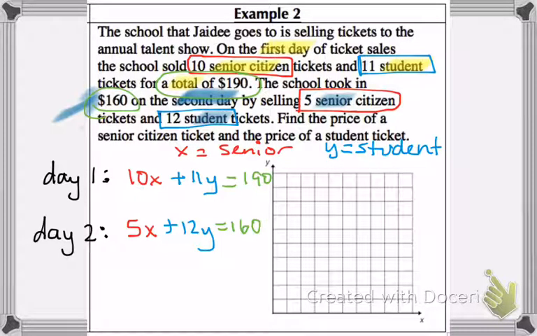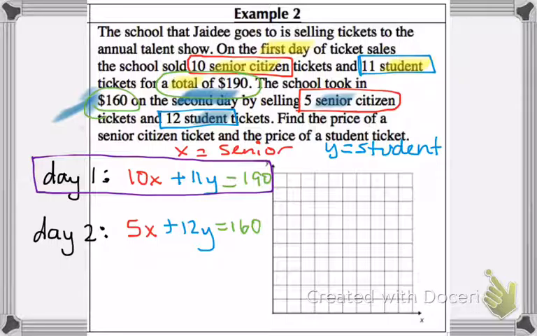So now we're going to graph each of these. And let's see if I can find a good color to do the graph for this one. Use purple. So day 1, I'm going to graph in purple. And I'm going to use the cover up and divide method here also. So if I cover up the y, I'm going to get 10x equals 190, which means x equals 19.